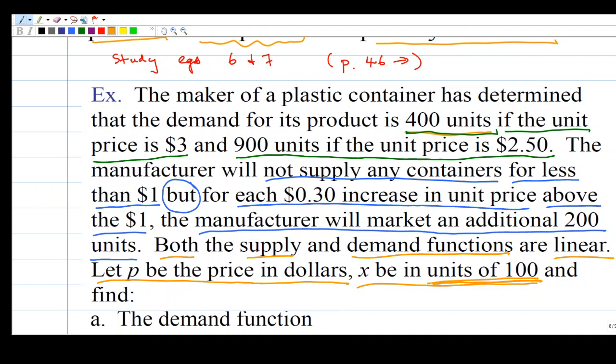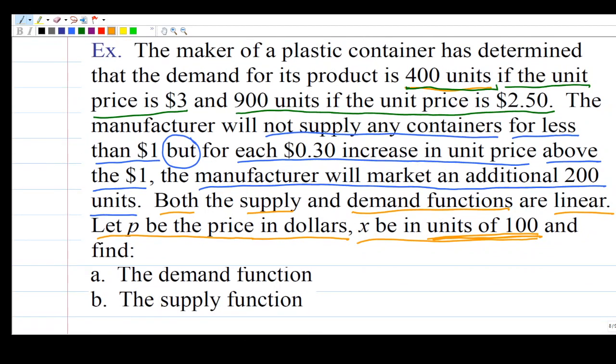Now be careful over here. X is in units of 100. What we need to do is to find the demand function and the supply function.